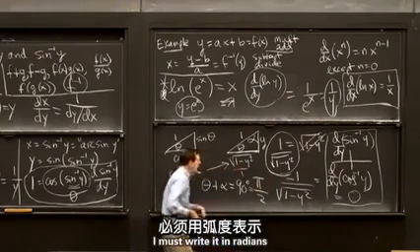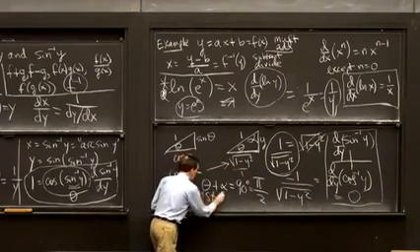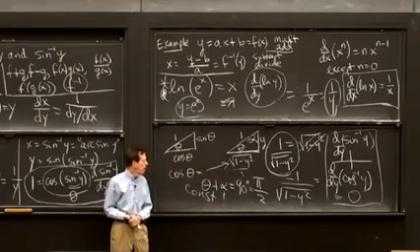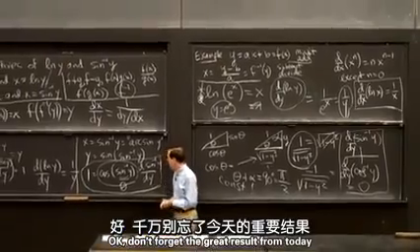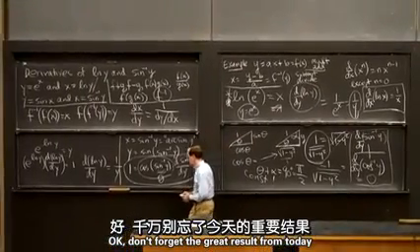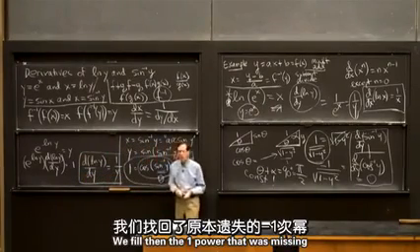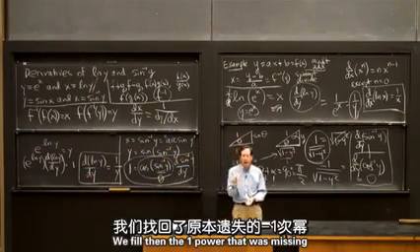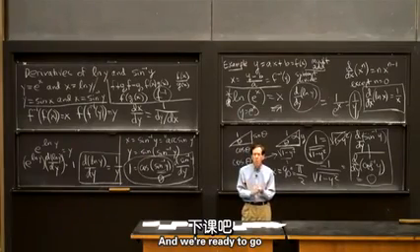I must write it in radians. A constant. Okay. Don't forget the great result from today. We filled in the 1 power that was missing, and we're ready to go. Thank you.